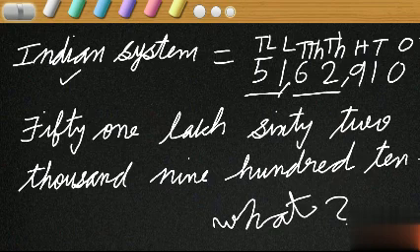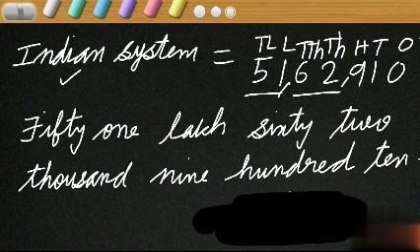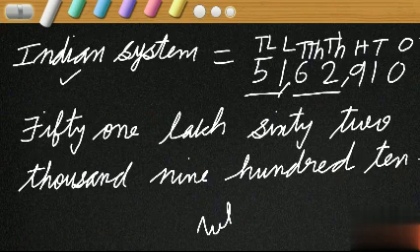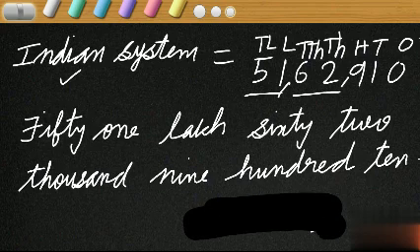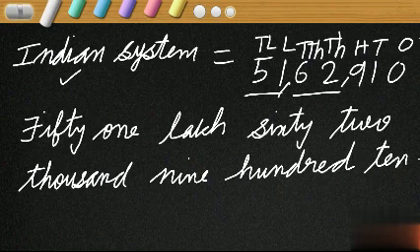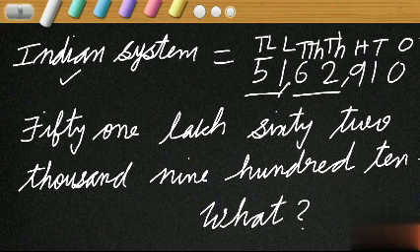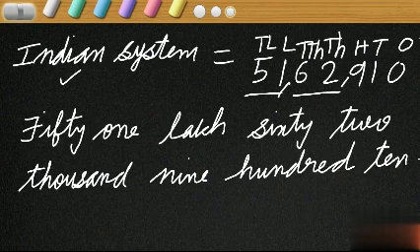Is that the way to write the word what? No. Or can we write by slanting towards the left? No. Actually, in English, the letters should be written slanting towards the right. That means W, H, A, T, what? This is the proper way. Okay. Try to write neatly.